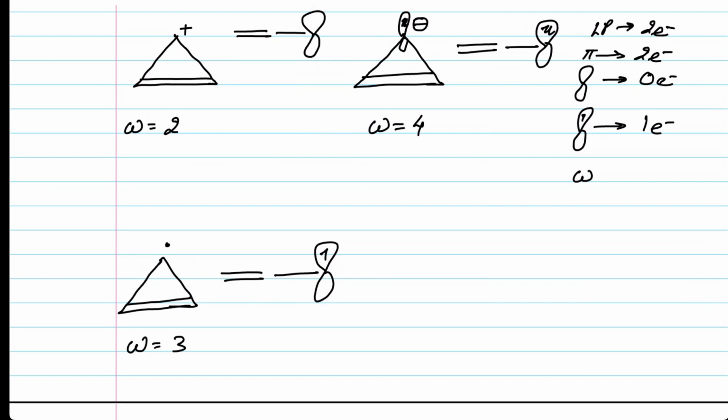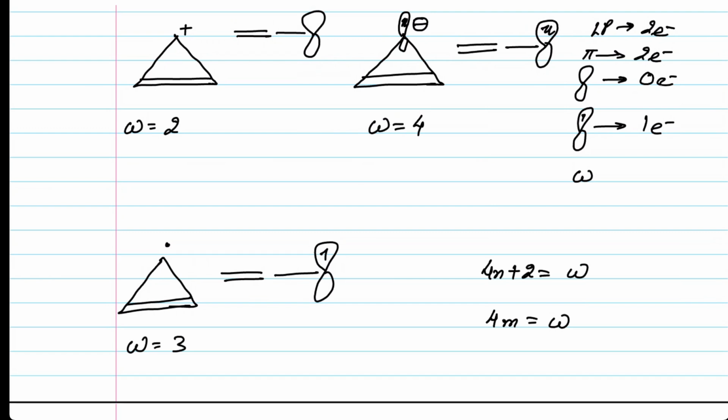Now, when we talk about these cases, we have two formulae. One formula is 4n plus 2 is equal to omega. And the other formula is 4m is equal to omega. For each of the species, we find out the value of n and m.